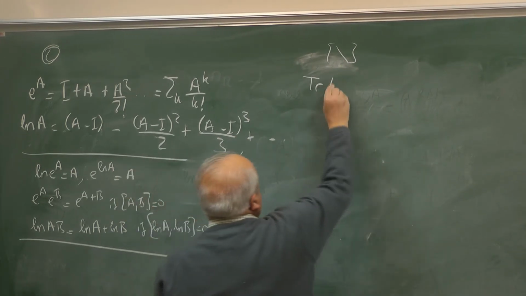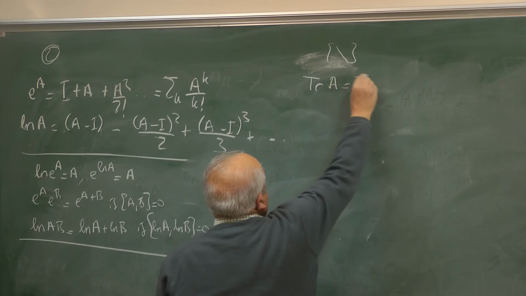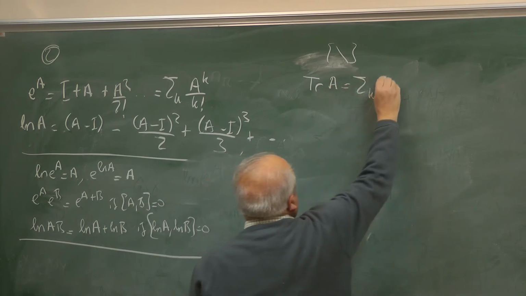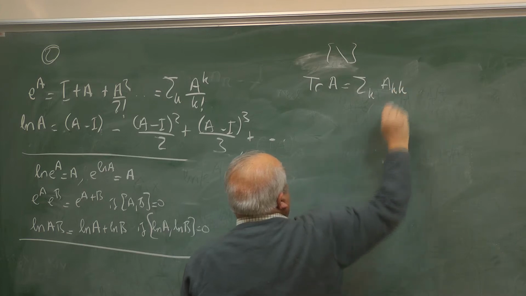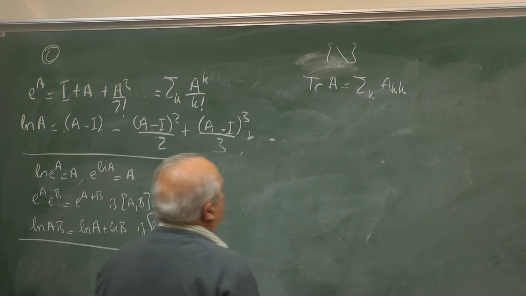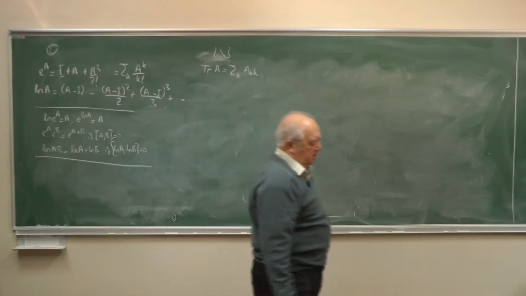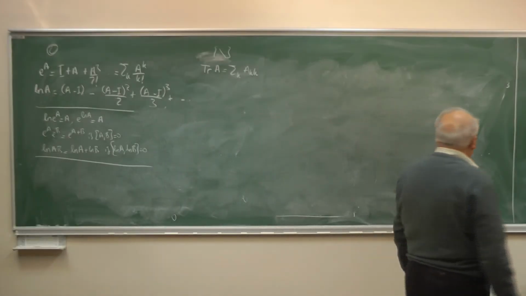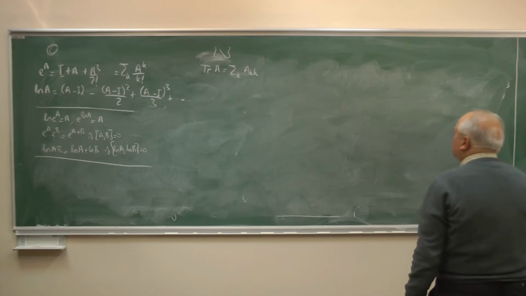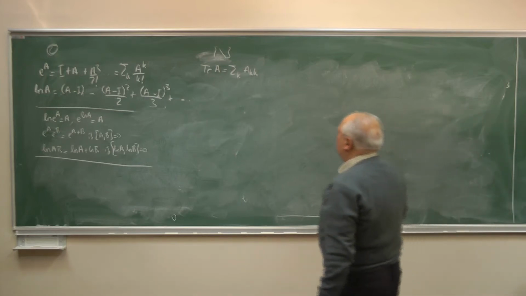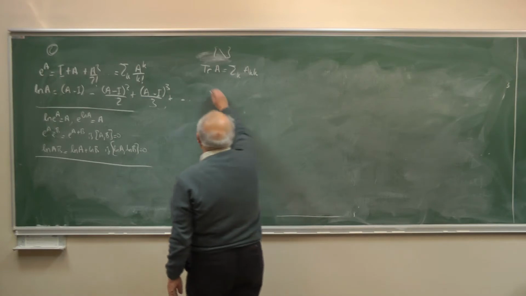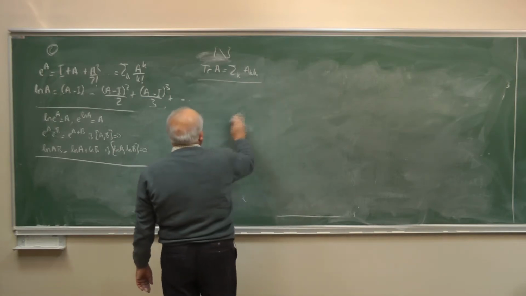So trace of A is sum over K, A_KK. This is the definition of trace. Trace has important applications, and so let us review its properties.